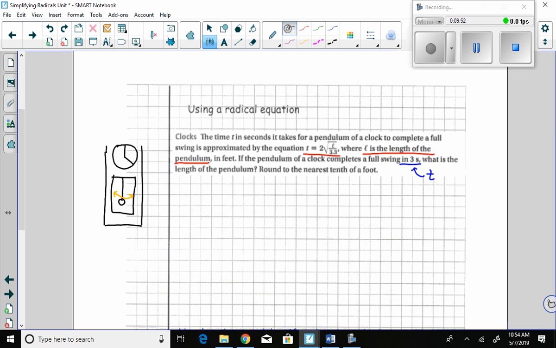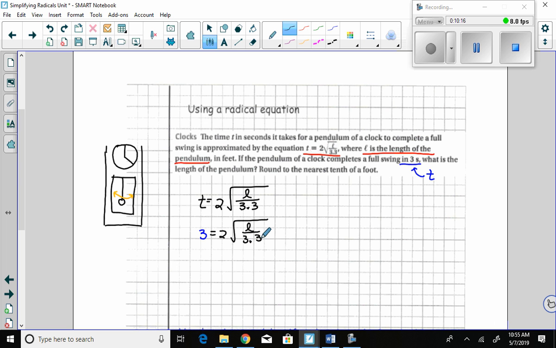So let's start off by writing our equation. T is equal to 2 times the square root of L over 3.3. But we have t, so let's plug that in. So 3 equals 2 times the square root of L divided by 3.3.